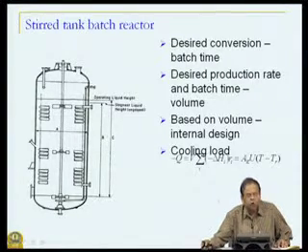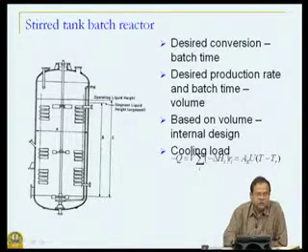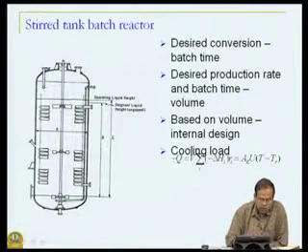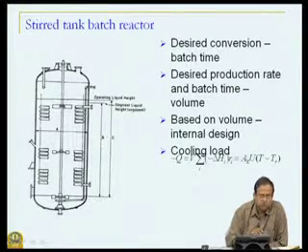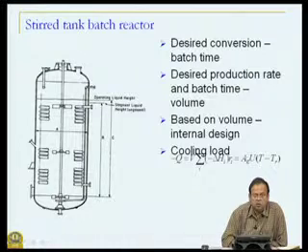So, how do we go about designing this reactor? Essentially it is a typical stirred tank batch reactor in which we have multiple stirrers, because the height to diameter ratio is not always 1. In fact, that would make the reactor occupy much more horizontal space.